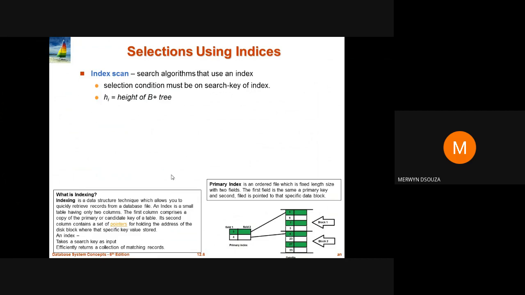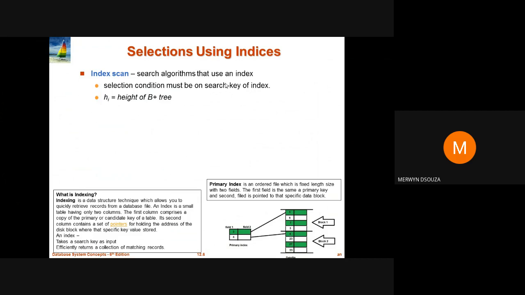This is just to give you an idea of how indexing works. Indexing is basically used to make searching or retrieving records faster, something like hashing. You have learned hashing in your earlier semesters, and you know how hashing can be used. Something like that is indexing. Hashing also can be used for indexing.